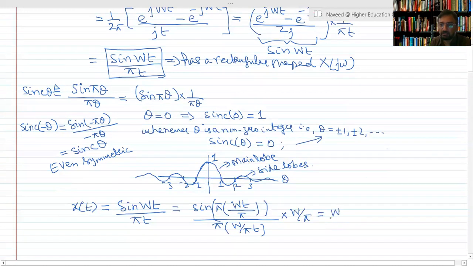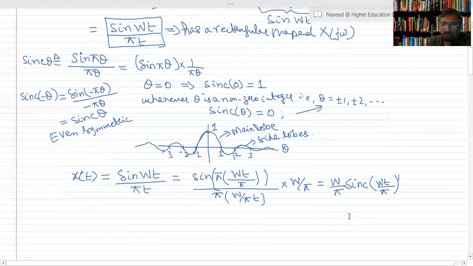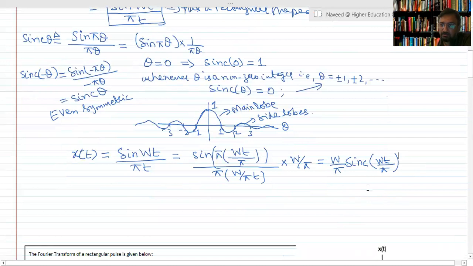And we get W over pi times sinc of Wt over pi. Okay, so this is a scaled sinc function.